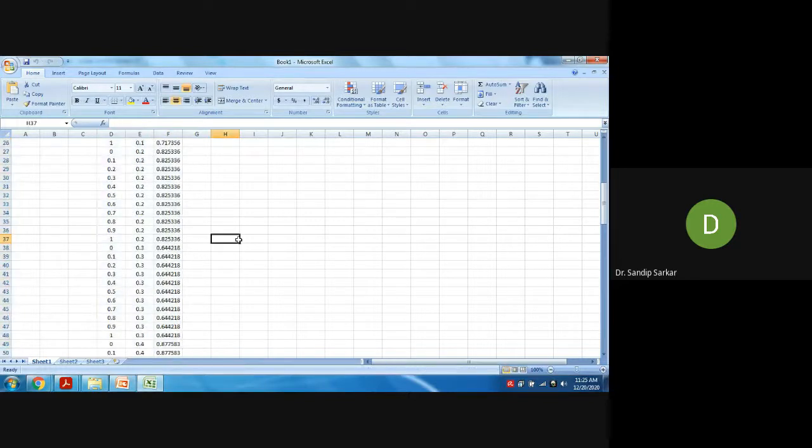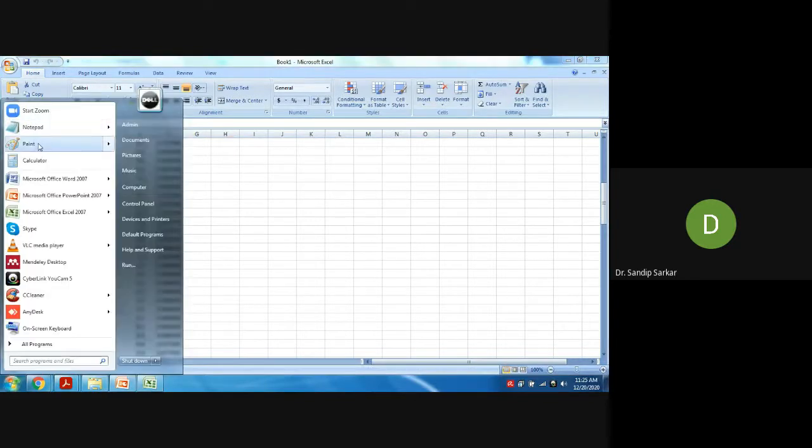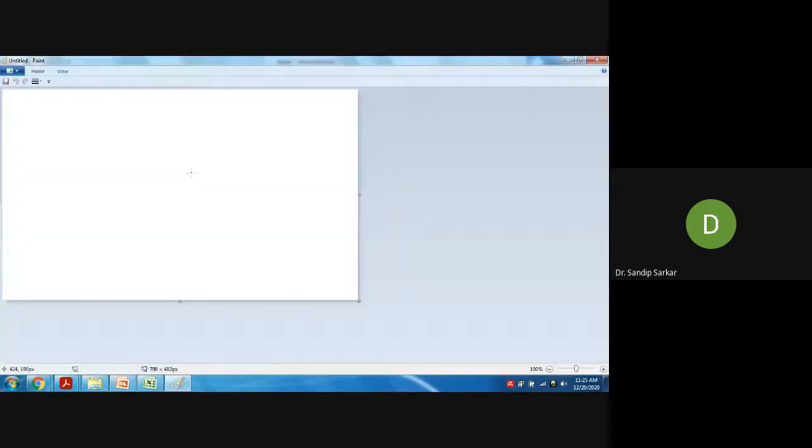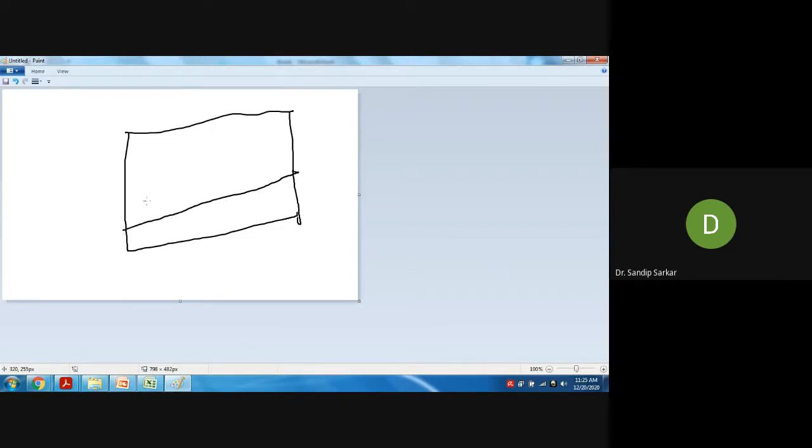For example, suppose this is your domain. Again, I am explaining. If you are discretizing the domain into a number of grids, suppose this is your x and this is your y.